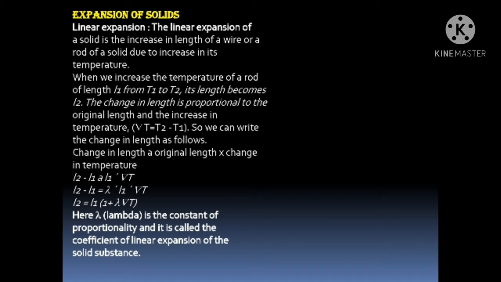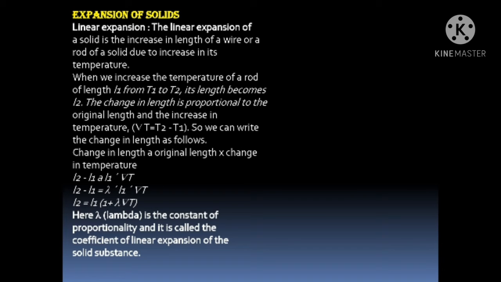So by this equation we will derive the formula. Students, whenever we see the proportionality sign, we have to remove it. In order to remove the proportionality sign, we have to multiply by a constant. Which constant are we going to take? We are going to take lambda as the constant.